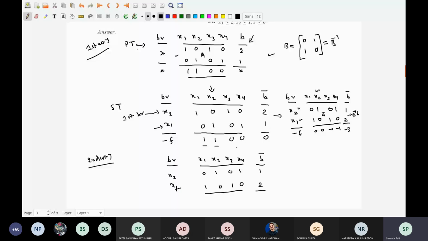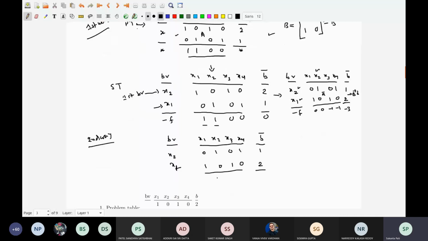And at the bottom, what am I supposed to write? I am supposed to write C bar transpose. But C bar transpose is what? C bar transpose is C transpose minus CB B inverse A, where C transpose was given here, 1 1 0 0.